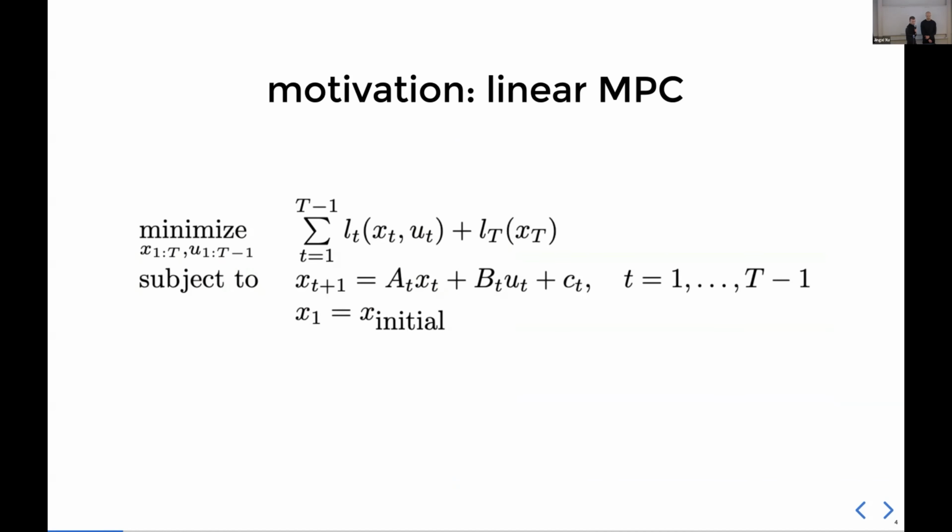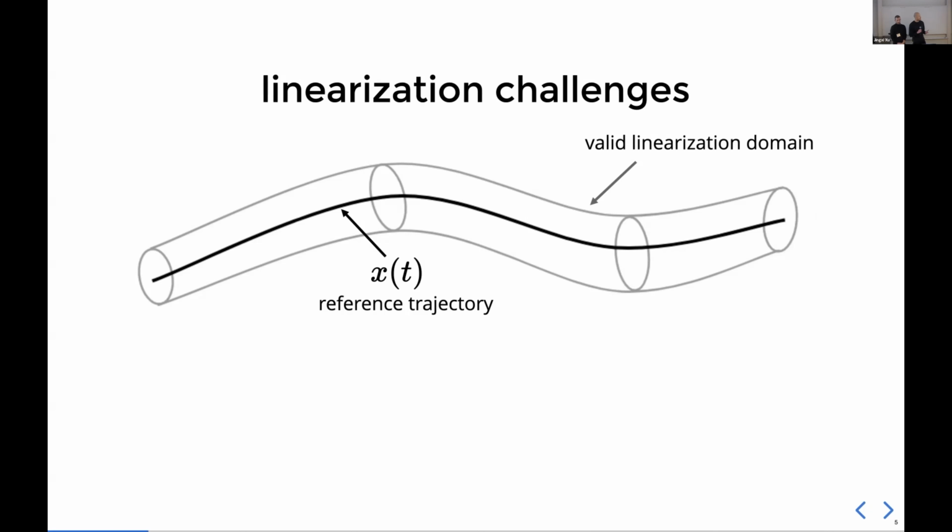So for systems with non-smooth dynamics, we'd really like to use a bunch of these great tools from linear MPC. But there are a couple of challenges with this. If we have some reference trajectory that we want to track, if we perform a linearization about that, there's some region around the reference trajectory where this linearization is useful and valid.